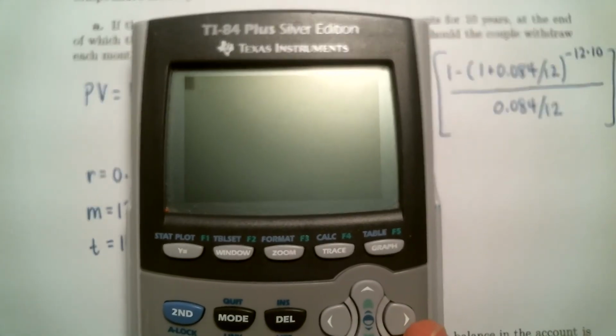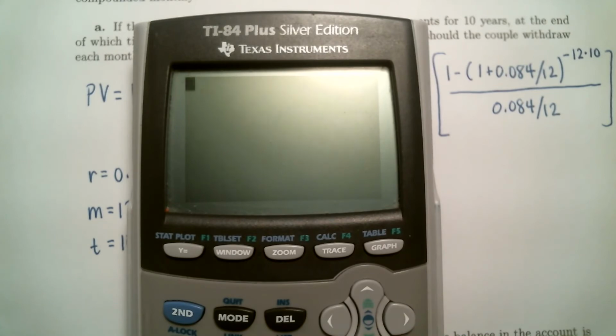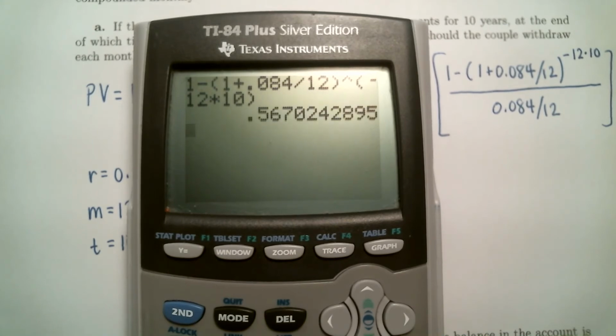We've got 1 minus parentheses 1 plus 0.084 divided by 12 raised to, make sure you put the exponent in parentheses, so it's negative 12 times 10, close parentheses, enter. This is going to give me the numerator.